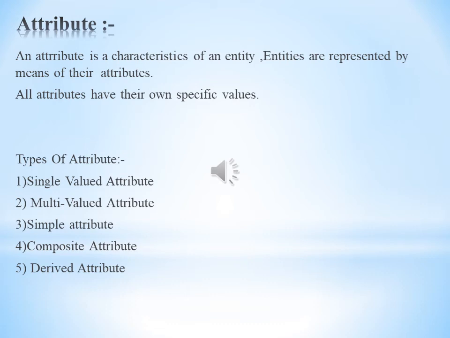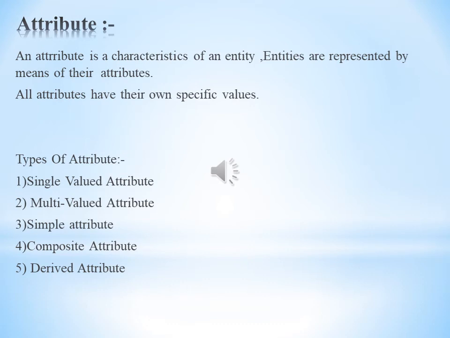Next is the multi-valued attribute. Just as a single-valued attribute holds only a single value, a multi-valued attribute holds multiple values for a single entity. Just like in the entity student, the attribute student contact number should be considered a multi-valued attribute, because a student may have multiple mobile numbers of 10 digits.